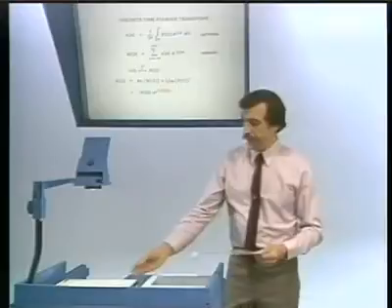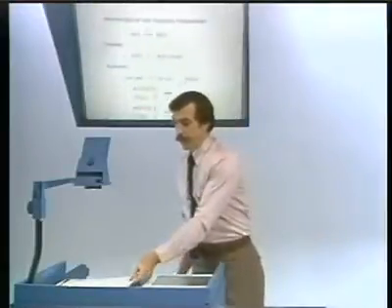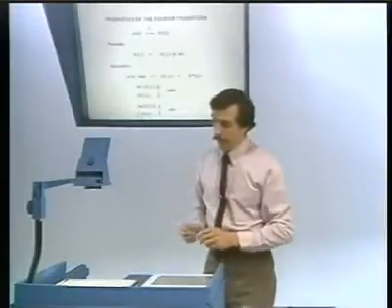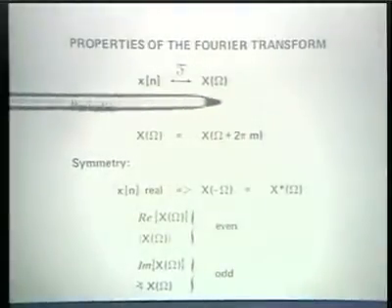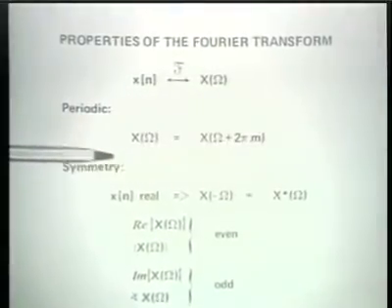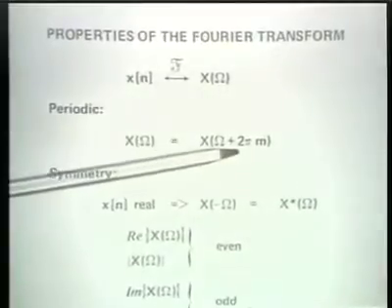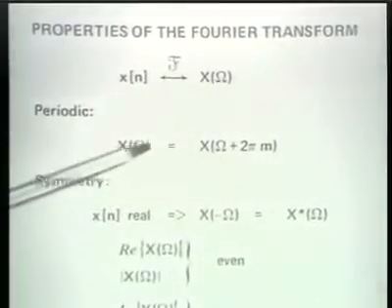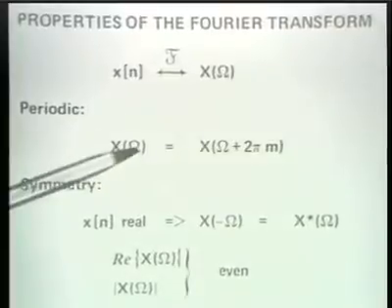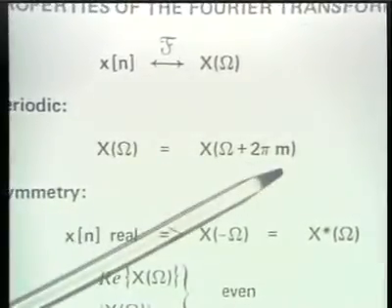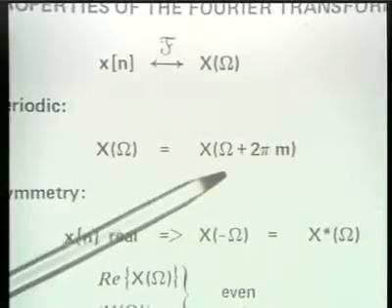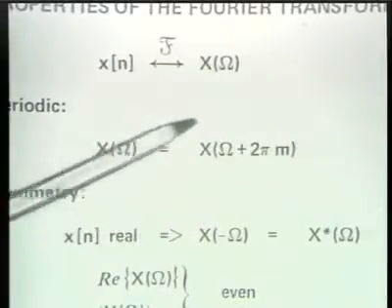Also, as I indicated last time, the Fourier transform is a periodic function of frequency, with a period of 2 pi. So it says, in effect, that if we replace the frequency variable by an integer multiple of 2 pi, the function repeats.